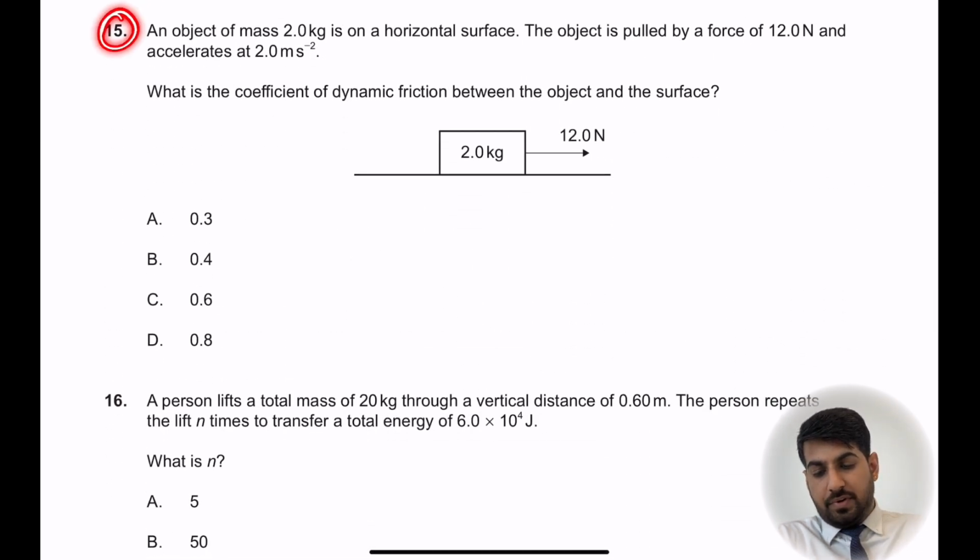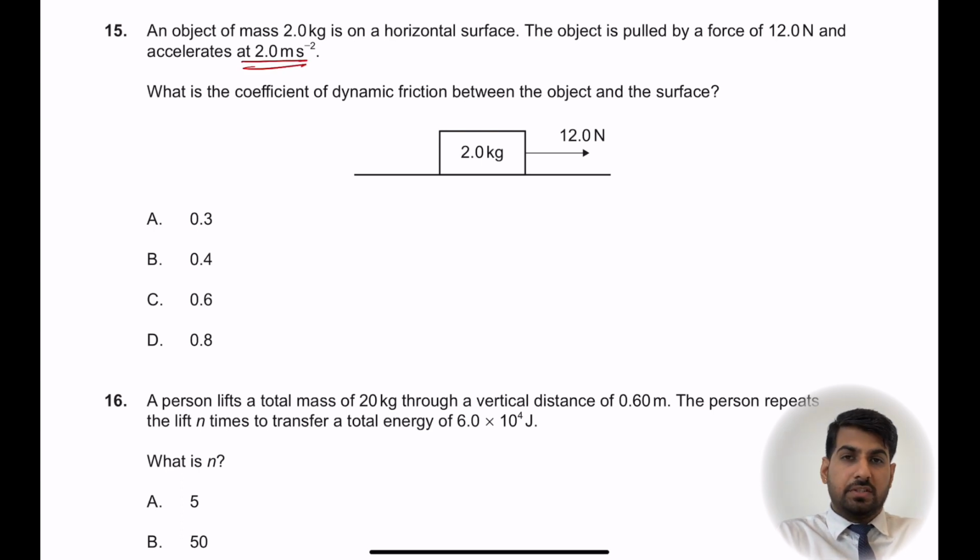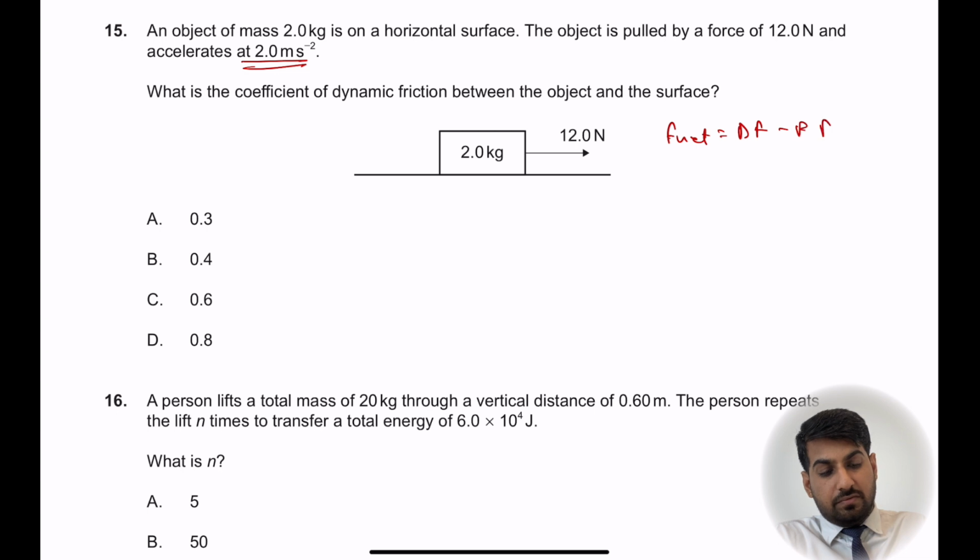Now question number 15. A 2 kg block is being pulled by a force of 12 Newton and it is accelerating at 2 meter per second squared. Find the coefficient of dynamic friction. So guys, this is quite simple. F net is equal to driving force minus resistive force. Simple. So F net, mass is 2, acceleration is 2, driving force is 12 minus resistive force.